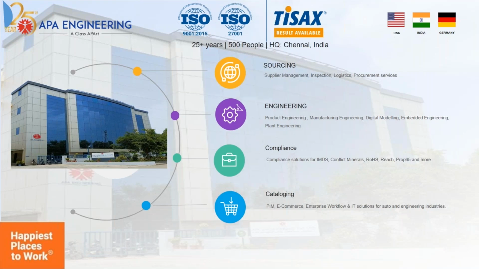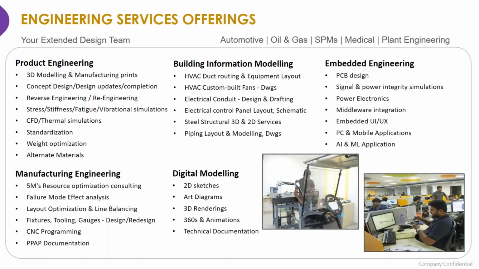Now we'll talk about the engineering division, because today's webinar is part of the engineering division. I want to give a small intro about the services that we do for our clients. We categorized them into 5 different lines in engineering, which are product engineering, manufacturing engineering, digital modeling, plant engineering, and embedded engineering.